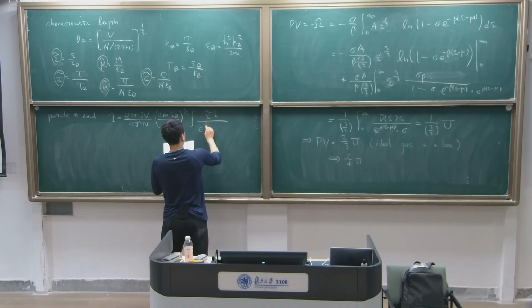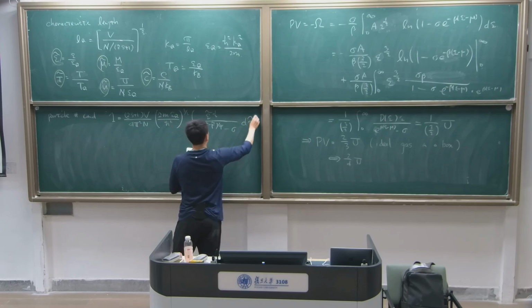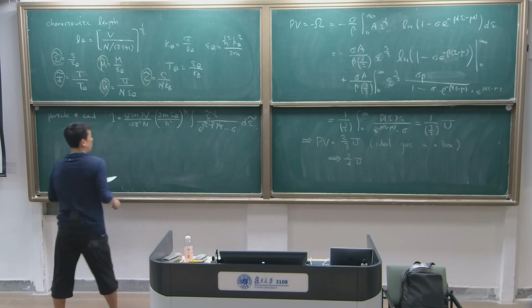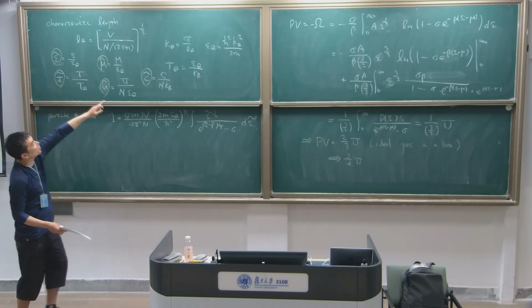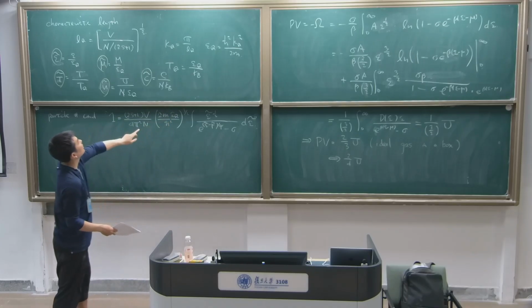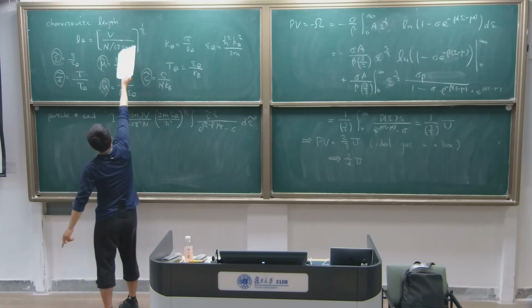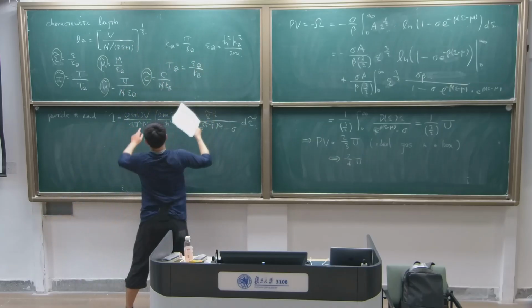And e to the epsilon tilde minus mu tilde divided by T tilde. Then plug in all the epsilon_Q here and use this definition for L_Q.